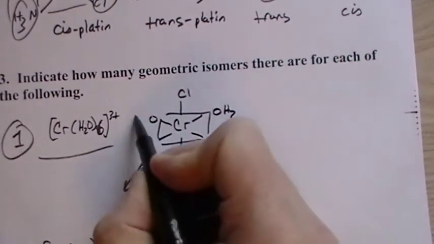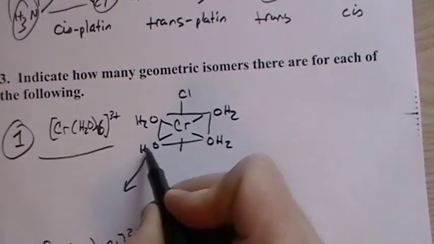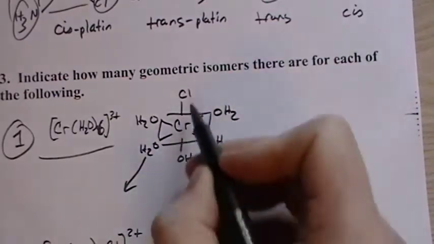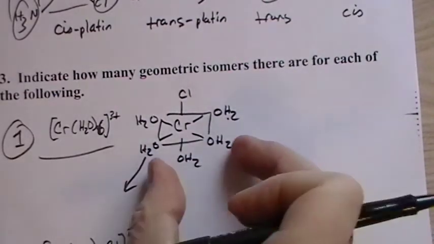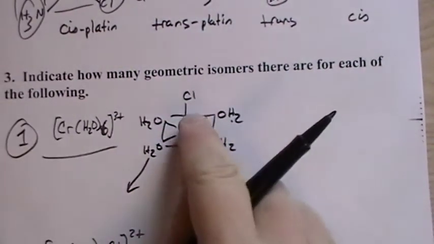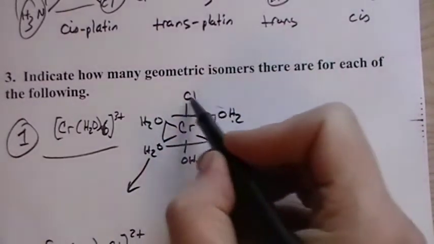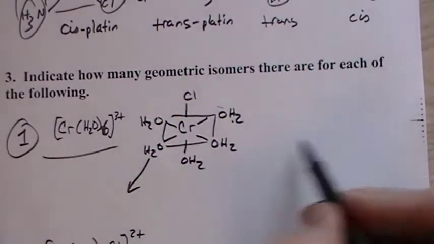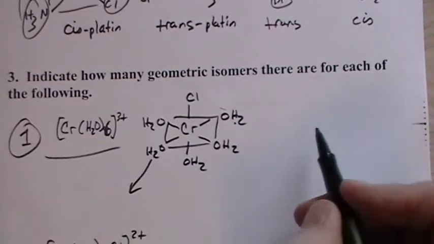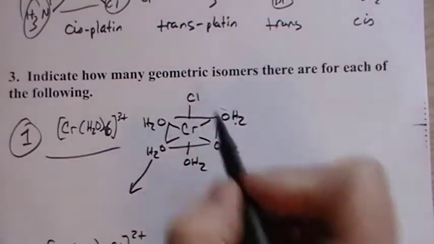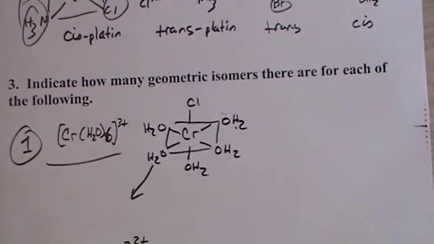But for this one, it looks like there might be more than one. But if you move this chlorine here, then you can easily tilt this molecule back up to put the chlorine on top. So no matter where you put the chlorine, for another, what you might think is an isomer, you can rotate it back into the original form. And that's one of the definitions of the isomer.